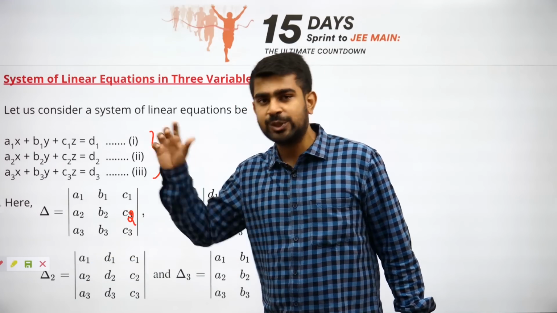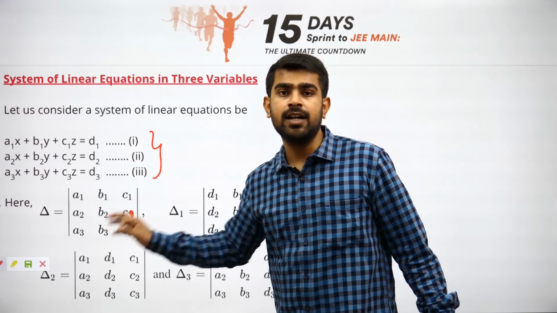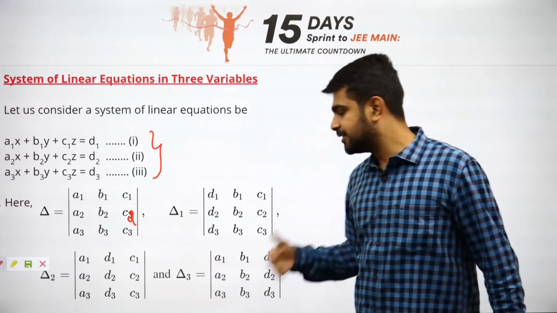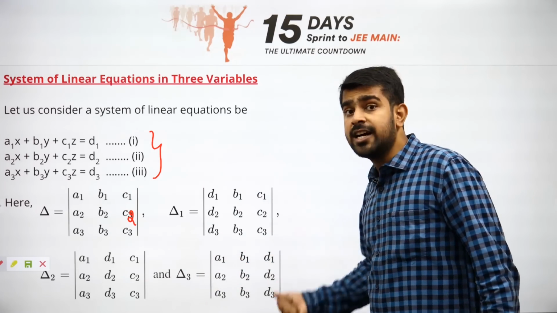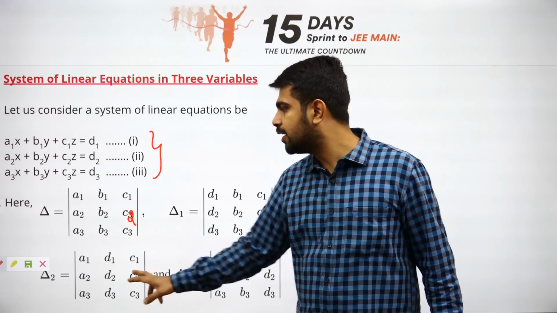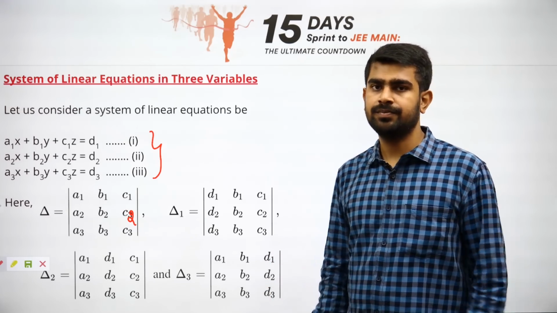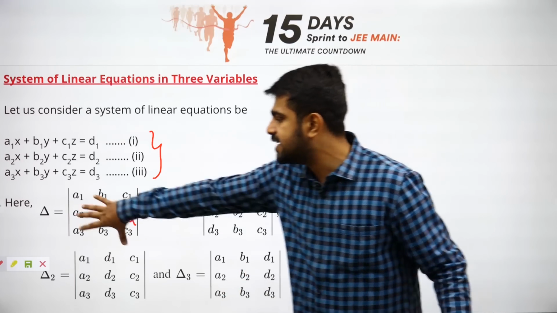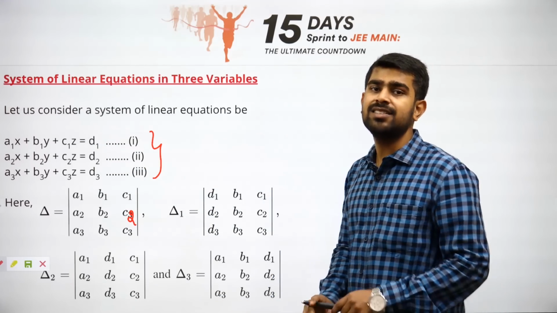Delta 2 is nothing but replacing the second column of delta with D1, D2, D3. The same way, delta 3 is replacing the third column of delta with D1, D2 and D3. So for delta 3, I have delta, and in the third column I replace it with D1, D2, D3. As simple as that.